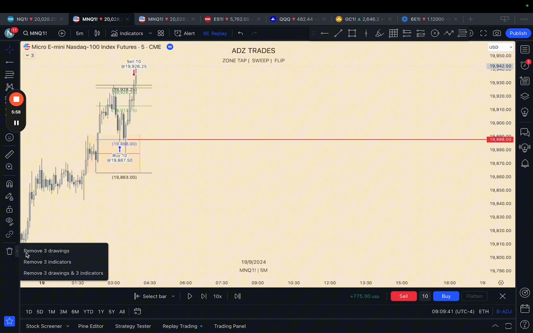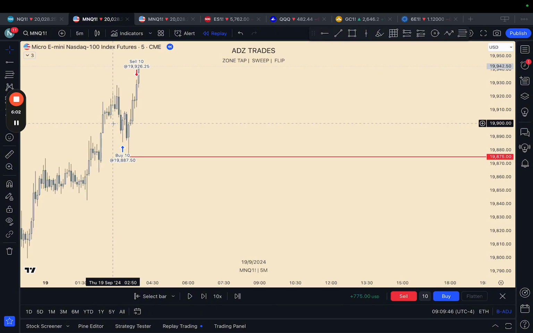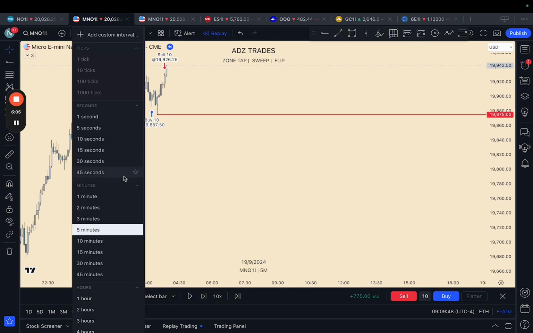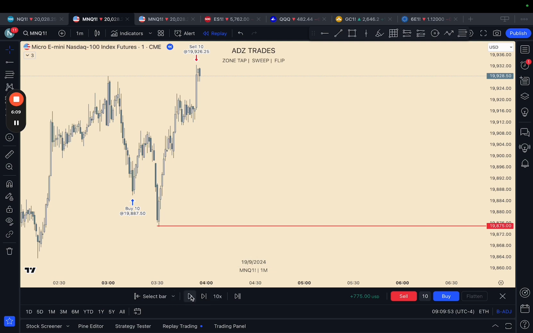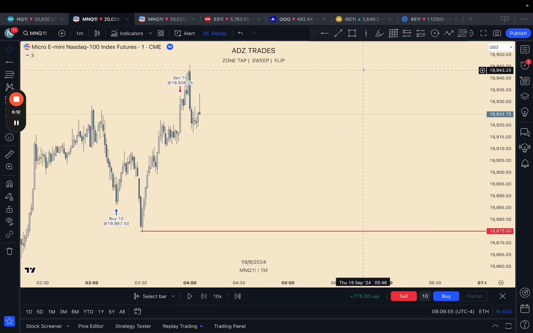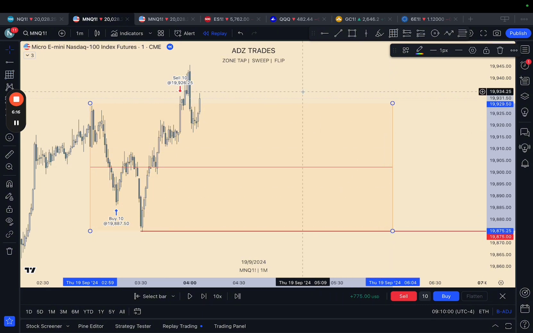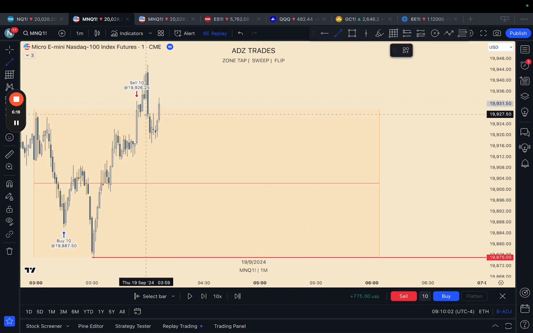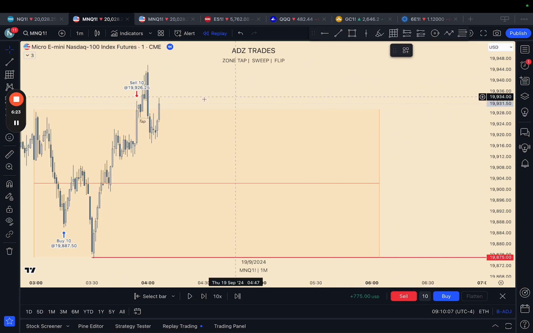So let's see what we have now. We have a new zone here on the M5. That's my M5 protected low. I don't want to see M5 go below here. So I should still be looking for longs as long as we respect this low. We see we had this bullish zone, breakout, tap.